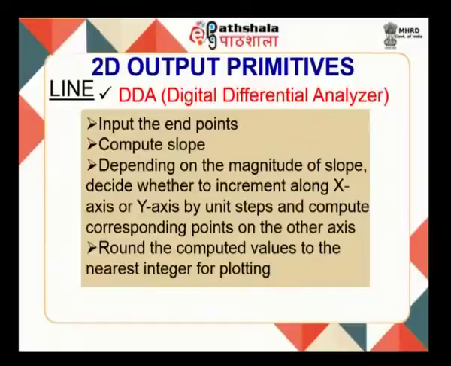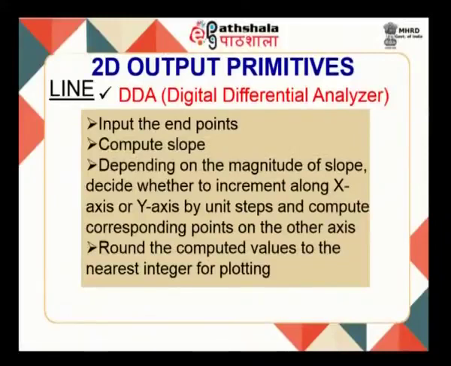So, this DDA line drawing procedure is actually as simple as, given 2 endpoints, the first step is to get the input, which is in the form of 2 endpoints. We start with the first endpoint, compute the slope and check if the slope is positive, negative, or its magnitude is less than 1 or greater than 1. While you do your program, do not actually take the division. m is equal to dy by dx is the standard equation.